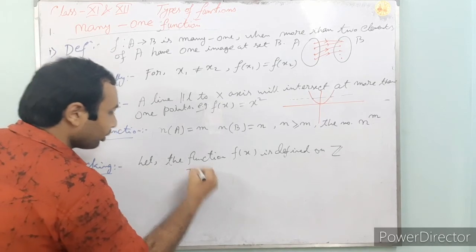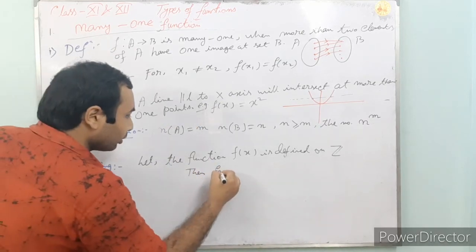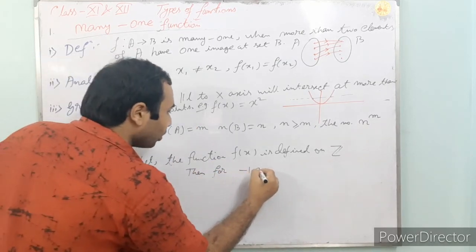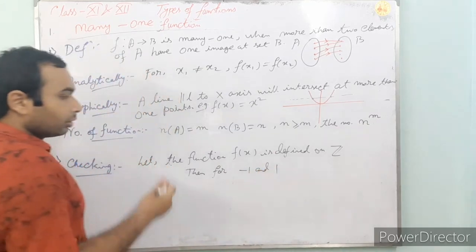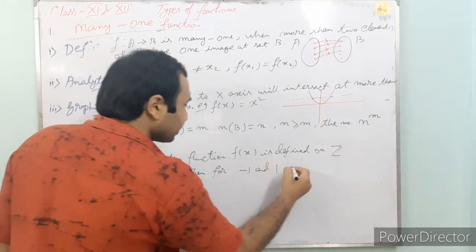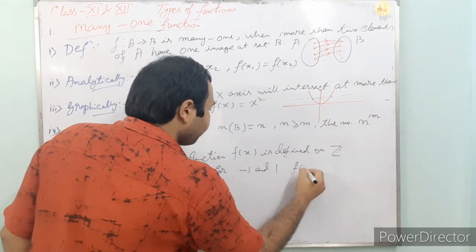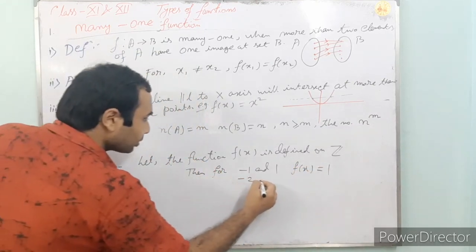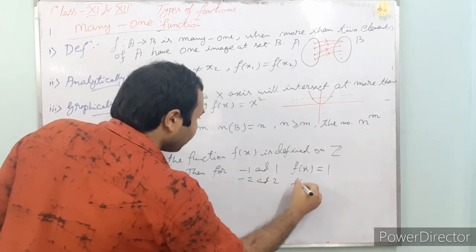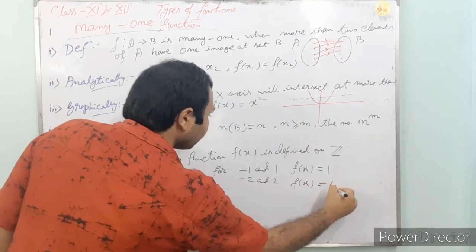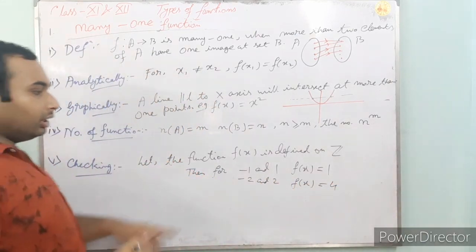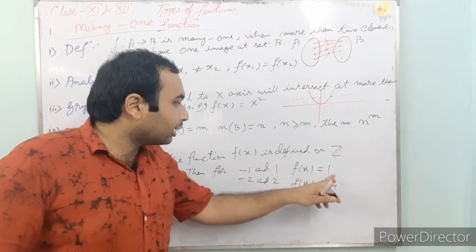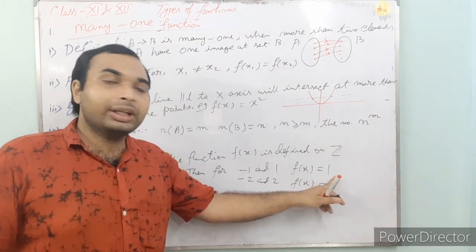Then for minus 1 and 1, for both those points, f of x will be only 1. For minus 2 and 2, f of x will be 4 only. So just see, two points are associating with one point here.